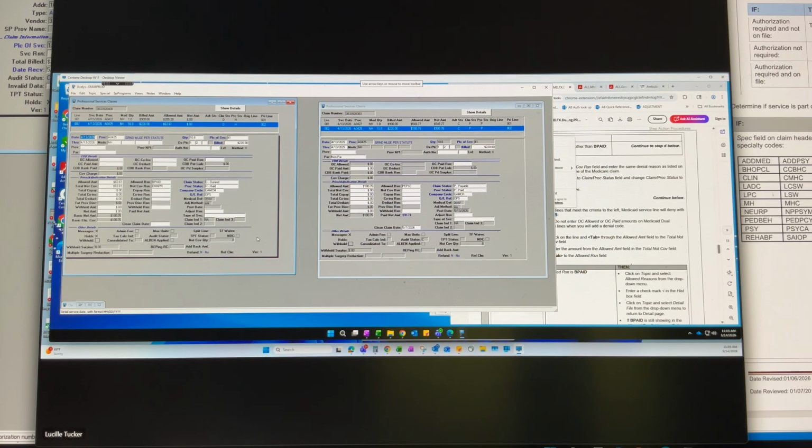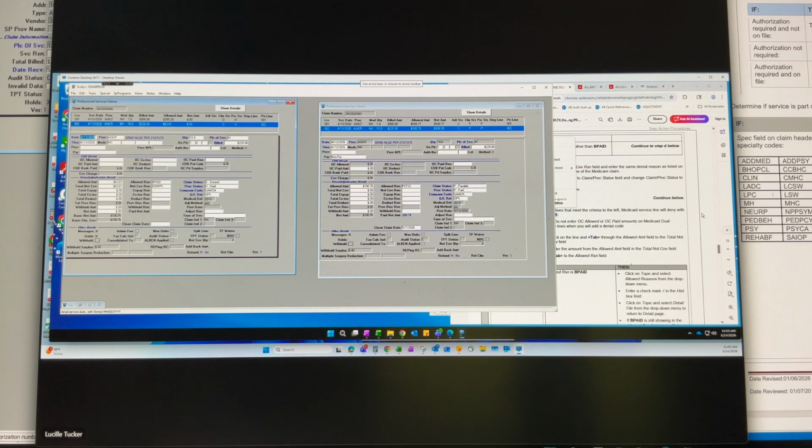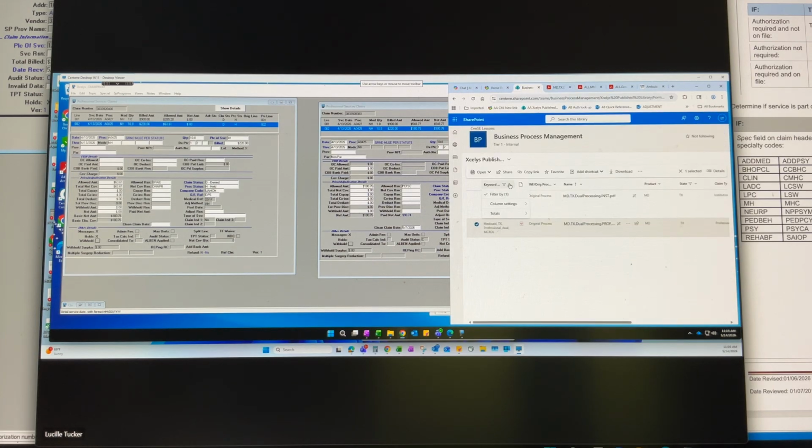Okay, this claim is also holding for DOFRC. So let me pull that SAT to see if they've updated it yet.